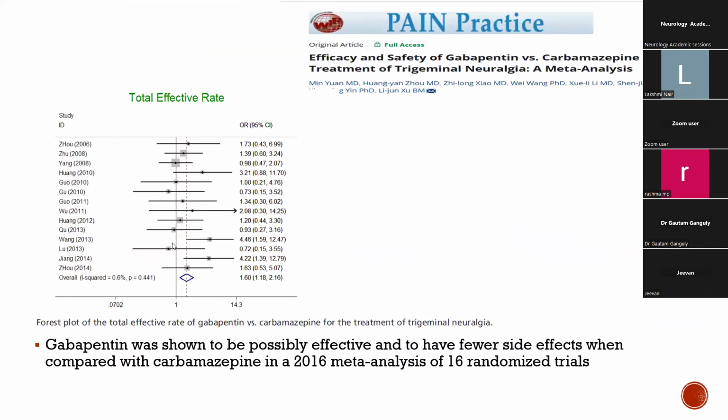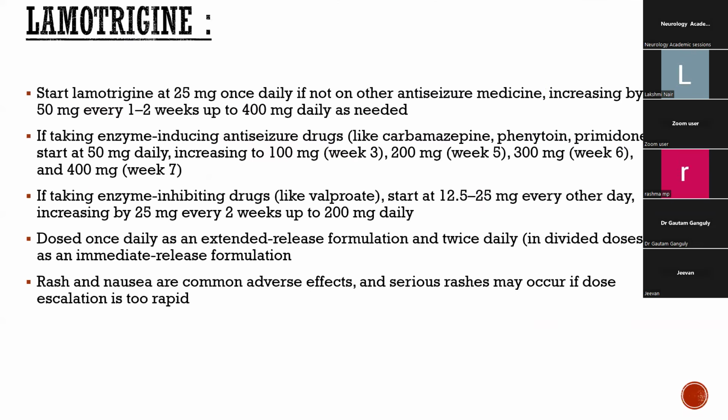So this study showed that gabapentin was shown to be possibly effective and to have fewer side effects when compared to carbamazepine. So next drug is lamotrigine.